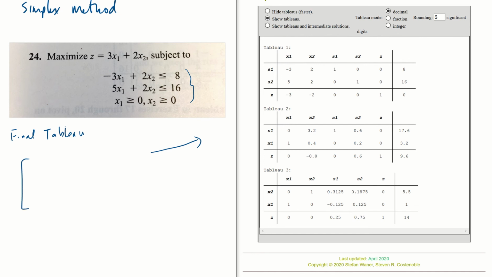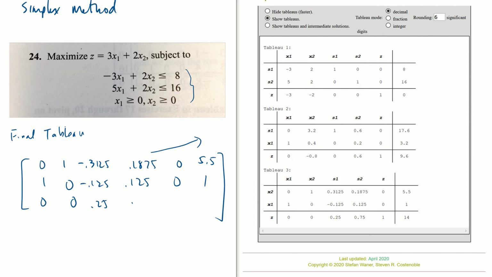So we're just going to go 0, 1, negative 0.3125, 0.1875, 0, 5.5, and then 1, 0, negative 0.125, 0.125, 0, 1, and then 0, 0, 0.25, 0.75, 1, and 14. This bottom row is my maximum.